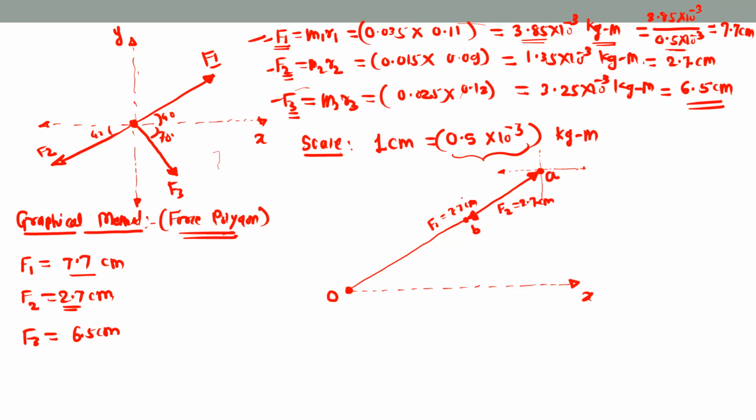Now again at this point, you can draw the reference axis and then take the angle of F3. So F3 is at 70 degree with respect to positive X axis. And for F3, the length is 6.5 centimeter, and this is the direction.